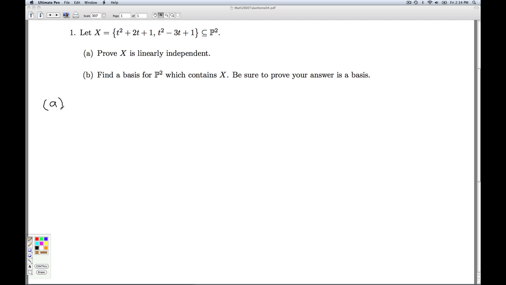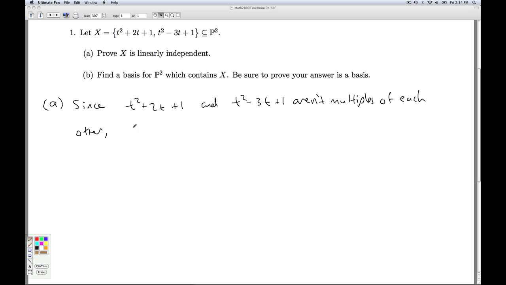So I'm going to choose the easier route here, and say that since t squared plus 2t plus 1 and t squared minus 3t plus 1 aren't multiples of each other, x is linearly independent. Now that only works when you have two vectors. If you have more than two vectors, you have to go through some sort of rigmarole.